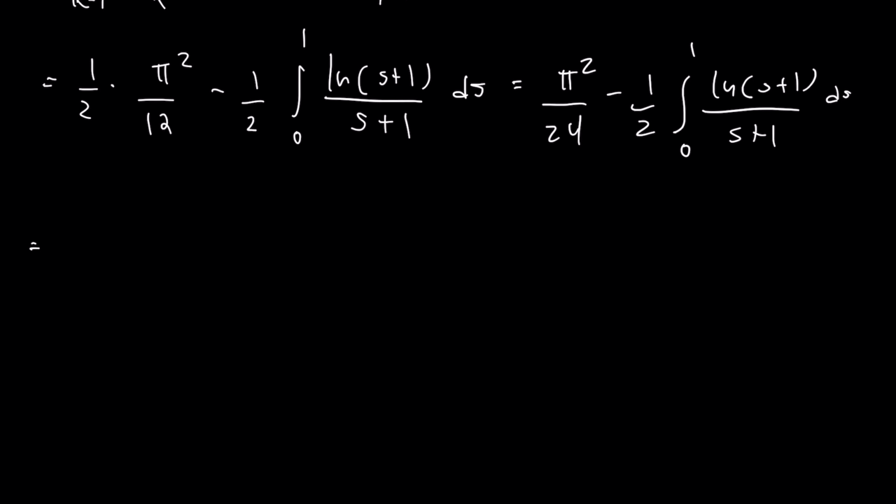So this is equal to pi squared over 24 minus a half, the integral from 0 to 1 of the natural log of s plus 1 divided by s plus 1.